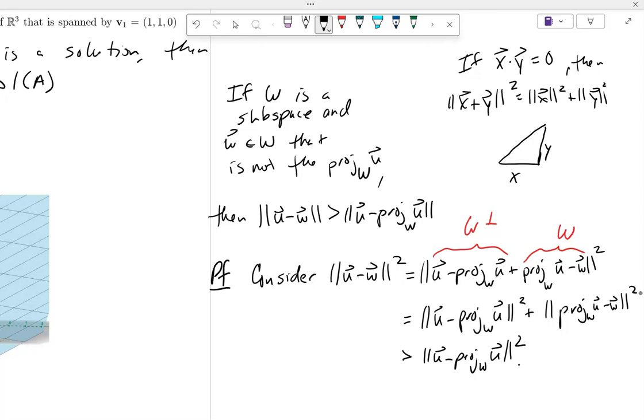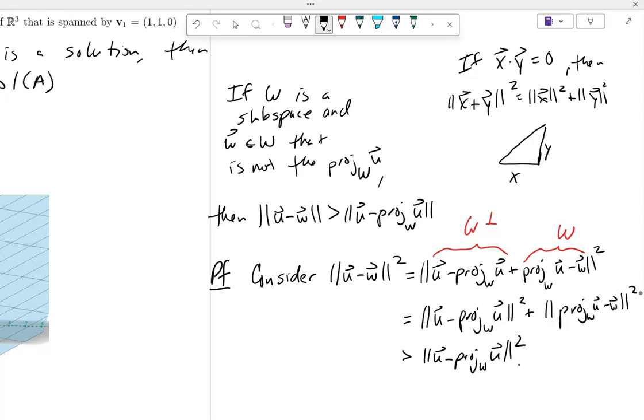Okay. This is why we say least squares, by the way. When I'm finding this projection, it gives me the least possible square of the magnitude. This is where the word least squares comes from. Okay? I'm trying to make this as small as possible.